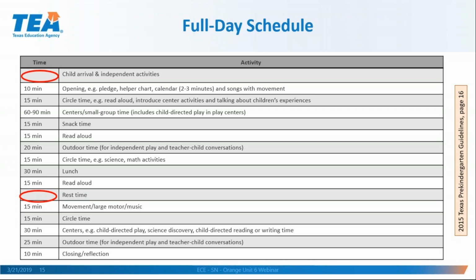So you have another 100 minutes. So therefore, probably rest time is going to be somewhere between an hour and a half and 2 hours. And the child arrival would be approximately 10 or 15 minutes.